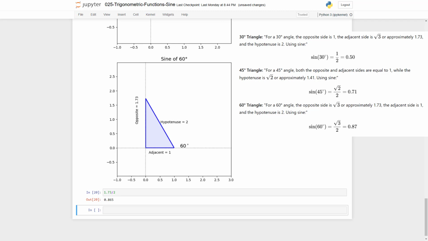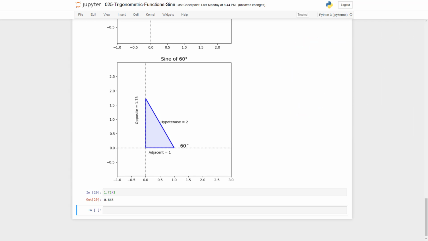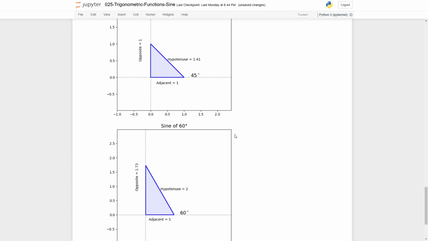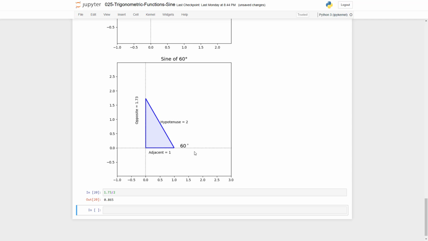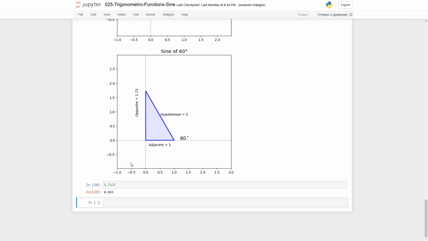In this really quick video, hopefully less than 10 minutes, we explored the sine through triangles, the unit circle, and key angles like 30, 45, and 60 degrees by connecting geometry and trigonometry. So this way sine becomes really a valuable tool.